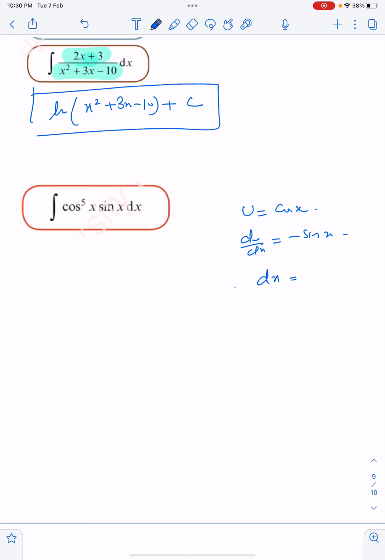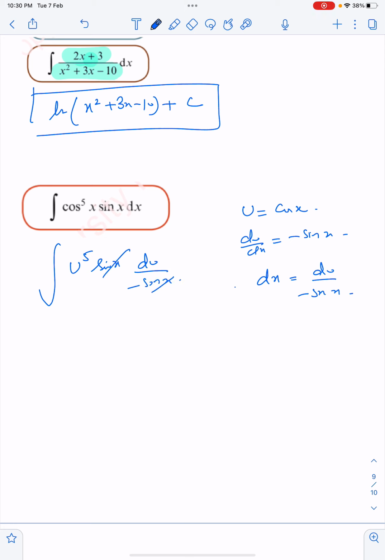So if I make dx the subject, it will be du upon minus sin x. Okay, so in place of cos x, if I substitute u to the power 5 sin x, in place of dx I'm writing du upon negative sin x.